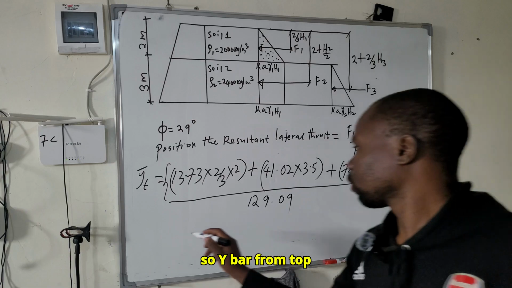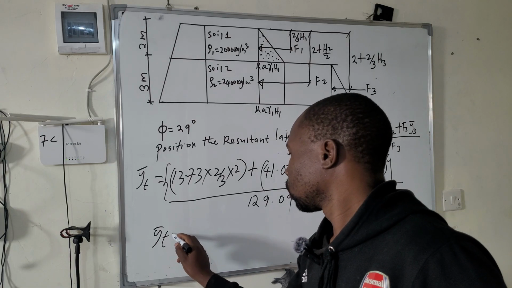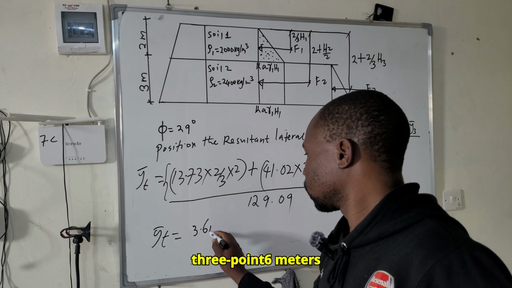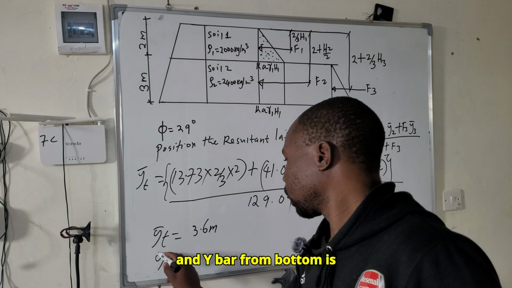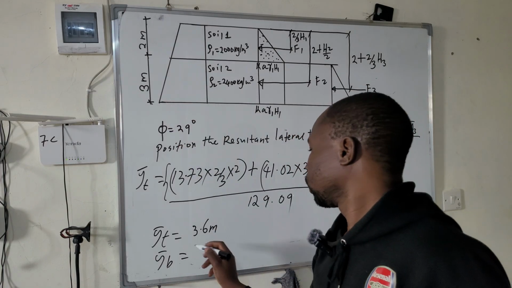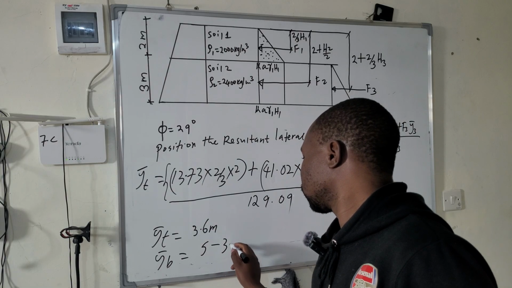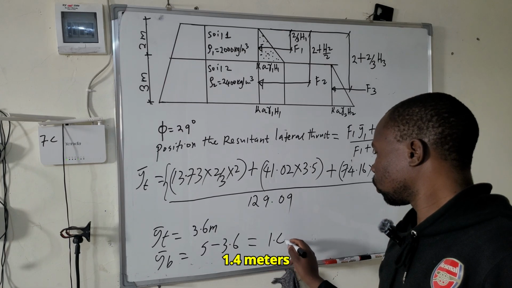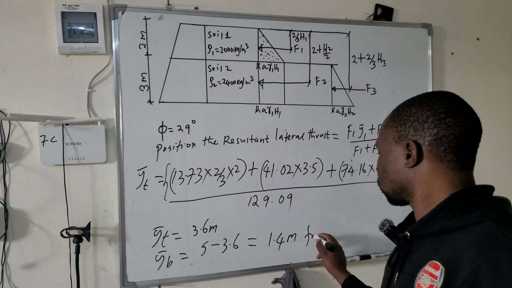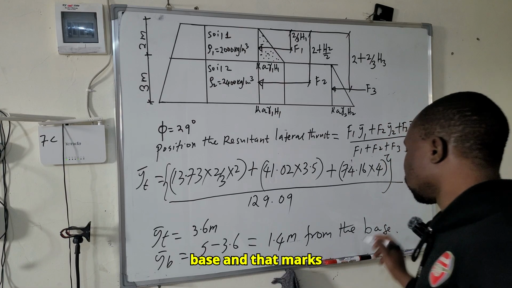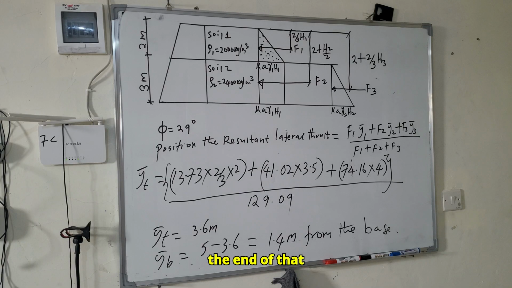So Y bar from top is equal to 3.6 meters, and Y bar from bottom is equal to 3 plus 2, that is 5, minus 3.6. So you will get 1.4 meters from the base, and that marks the end of that question.